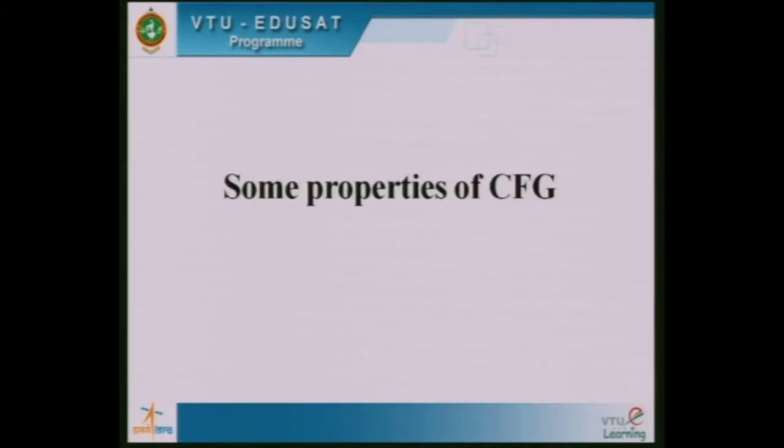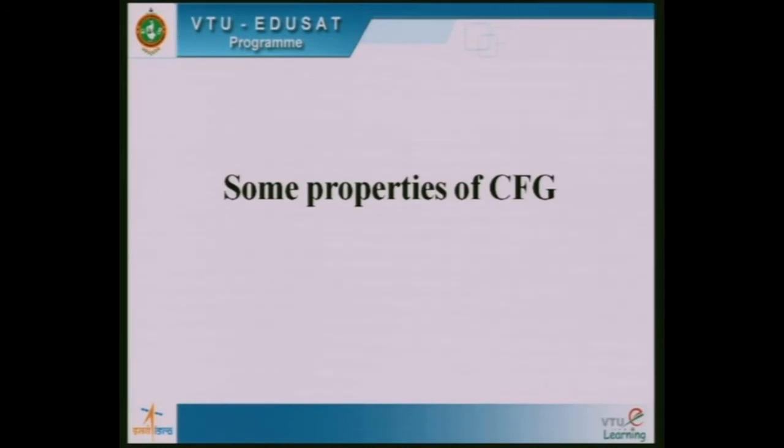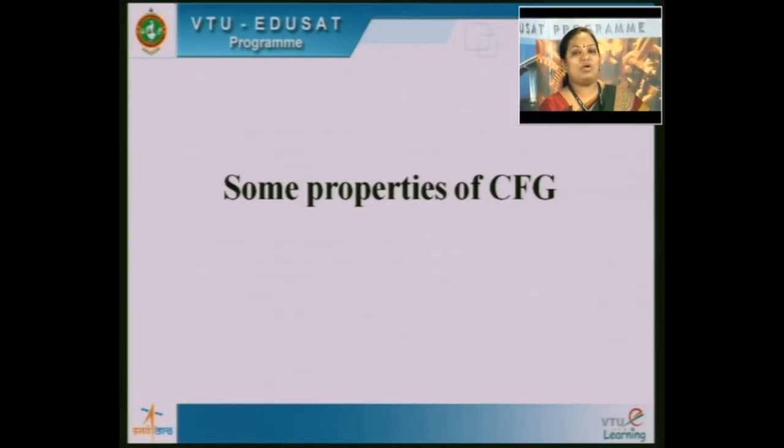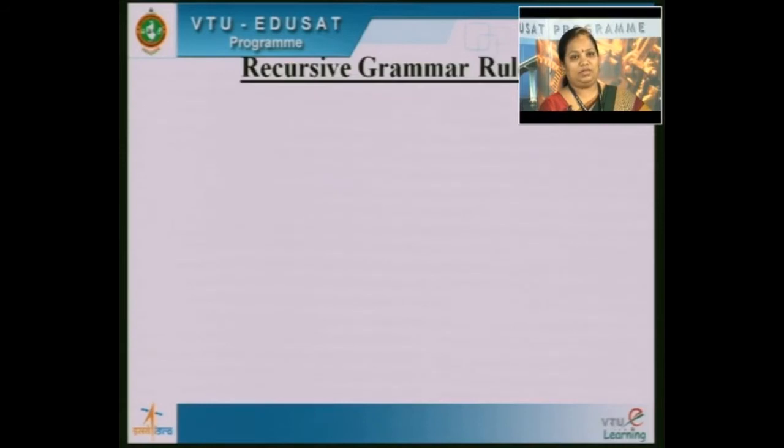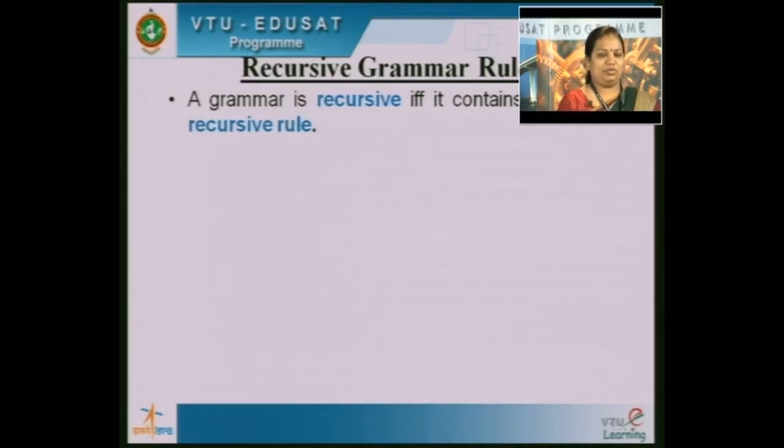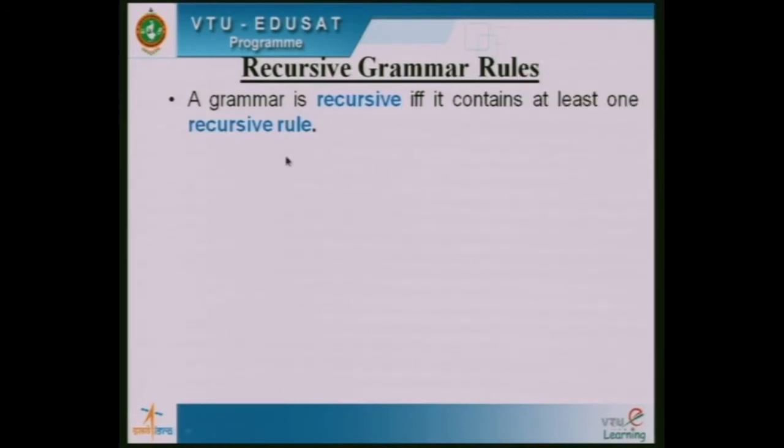After knowing the definition of context free grammar and context free languages, let us have a quick look at the properties of context free grammar. So, first one is recursive grammar rules. What do we mean by recursive grammar rules? A grammar is recursive if and only if it contains at least one recursive rule.